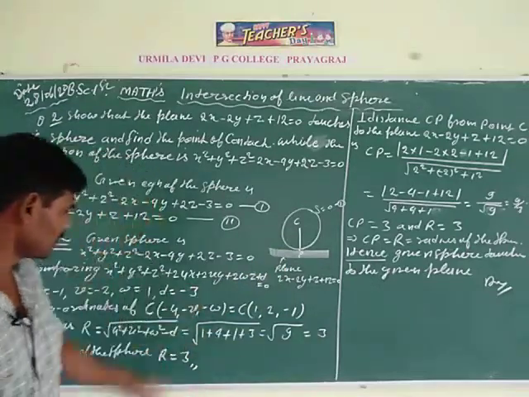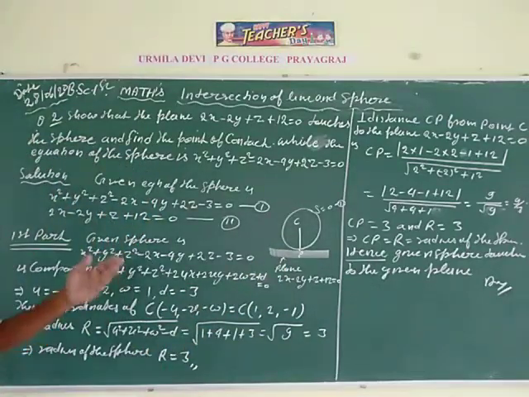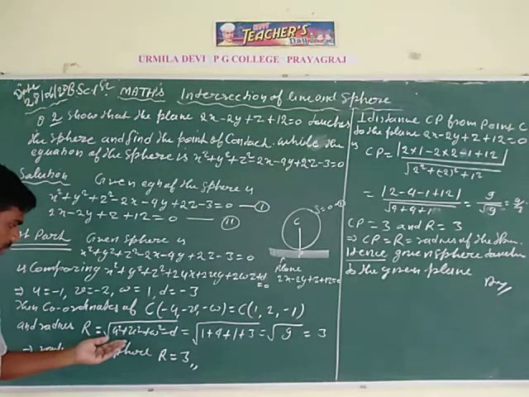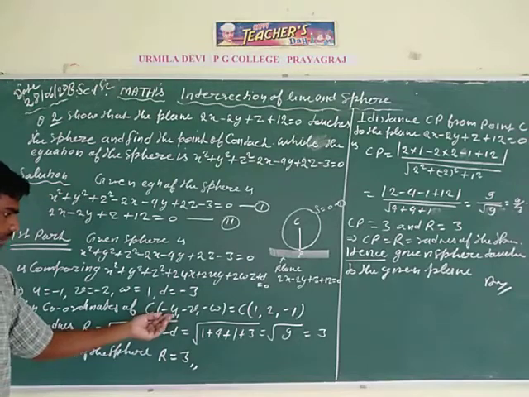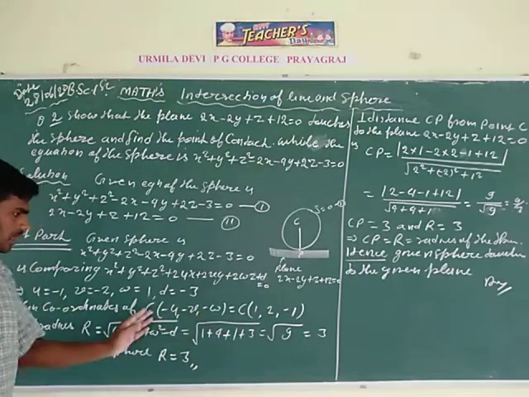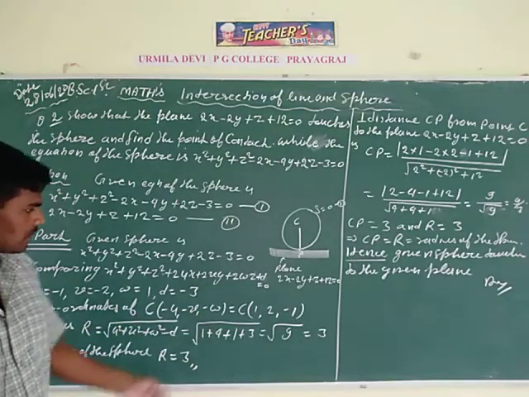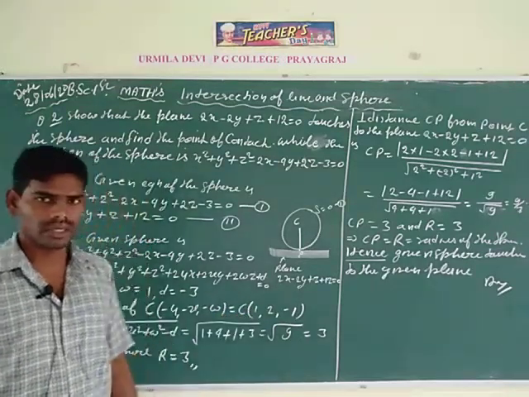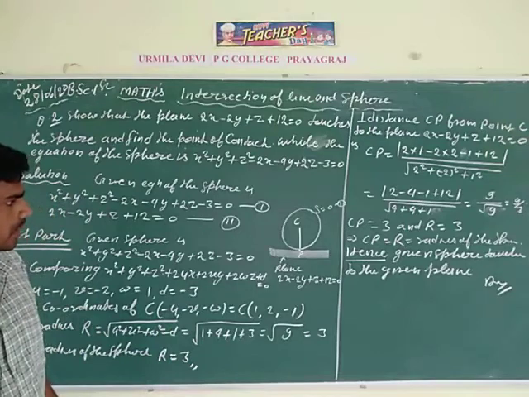So here, first calculate the center of the sphere by the rule: minus u, minus v, minus w is the center, and under root of u square plus v square plus w square minus d is the radius of the sphere. The center coordinates are 1, 2, minus 1, and the radius is 3.